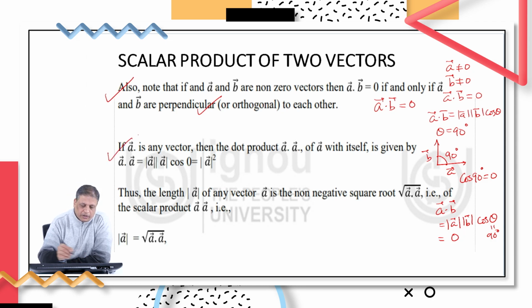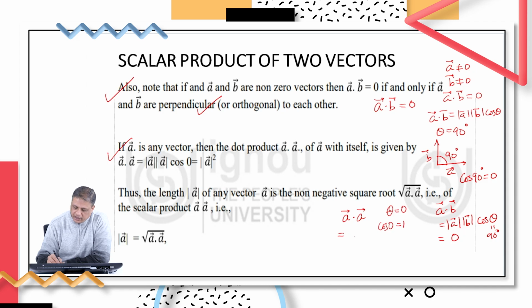Another important observation is that if we have a vector A, then the dot product of the vector with itself will be given by A dot A, and that means both vectors are in the same direction. Since both vectors are in the same direction, theta will be equal to 0, and we know that cos 0 is equal to 1.